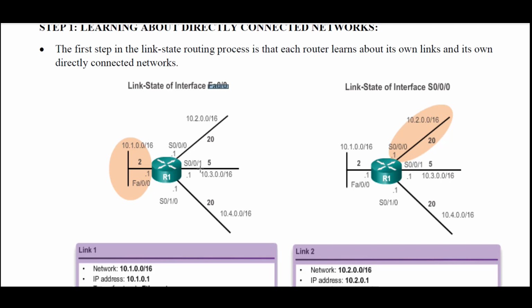Serial 0/0/0 is directly connected. Serial 0/0/1 is directly connected. Serial 0/1/0 is directly connected. So it is going to learn about all the links and the networks, and every router is going to do this.